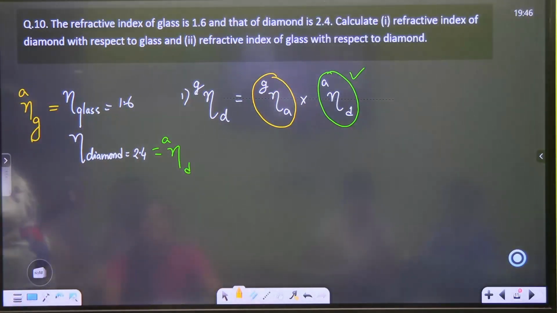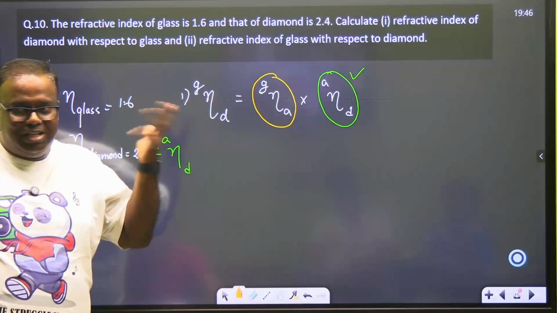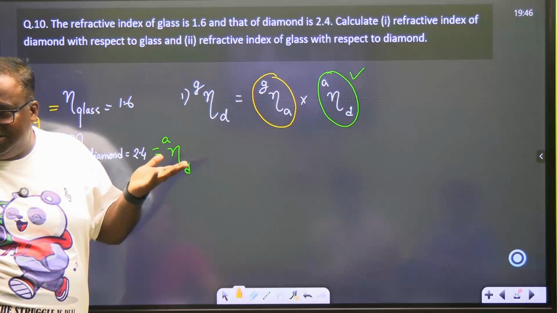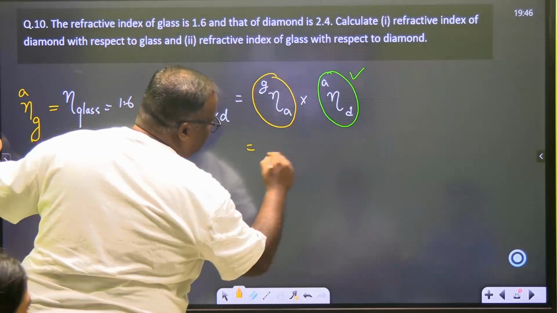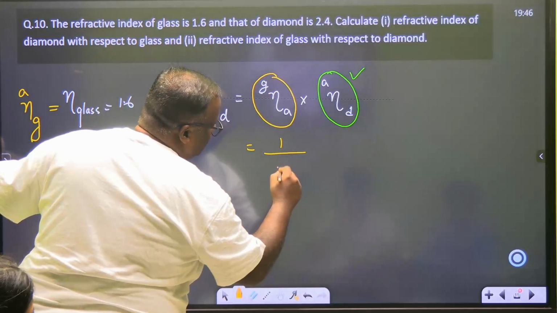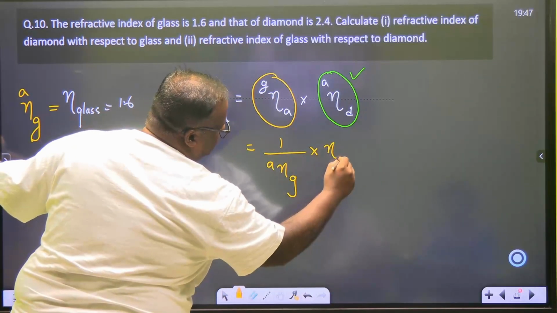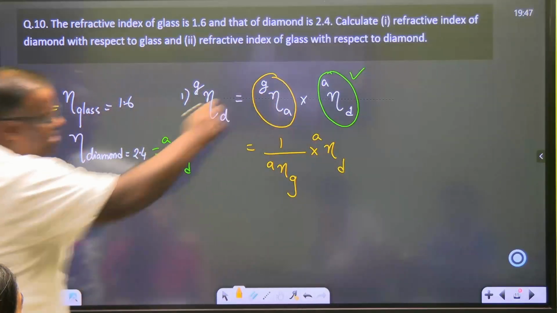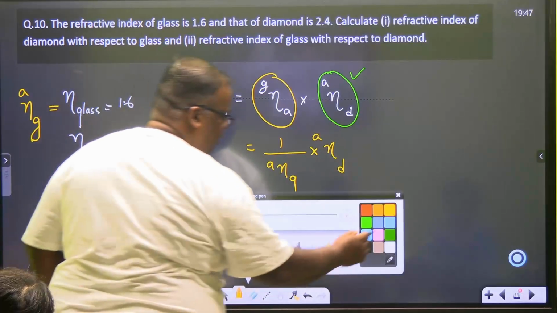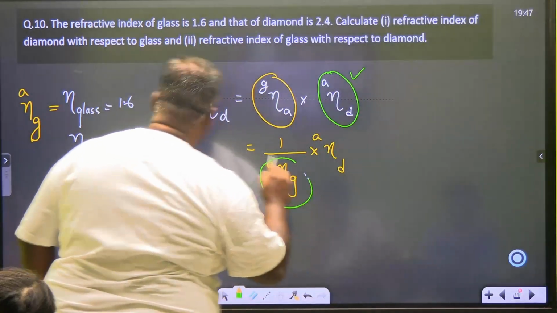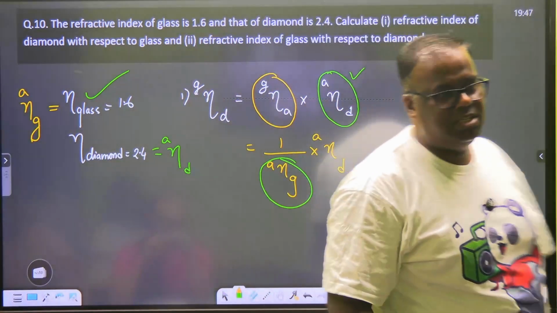But we know the person who is our maternal uncle, for that person he will become our bua. Yes or no? So how to change this? This can be written as 1 upon eta G with respect to A multiplied by eta D with respect to A. Did you understand this or not? We just reciprocated. Now you ask yourself, is this data given to you? Yes, this data is given to me. My life has become very easy now.